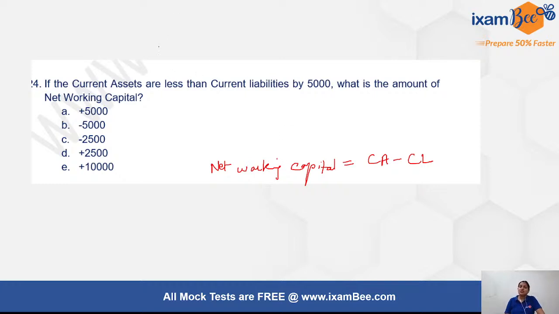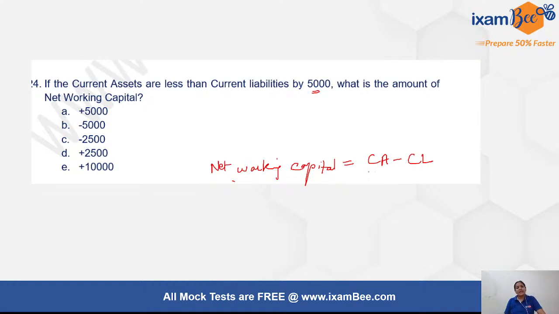Now we have been told that our current assets are less than our current liabilities by 5,000. So in that case, what will our net working capital be? This is not directly a numerical either. It is a simple check of whether we know what net working capital is and how it is calculated.